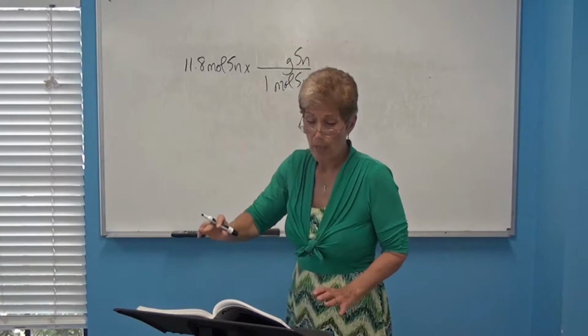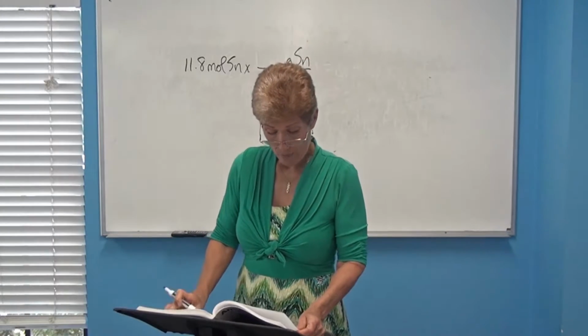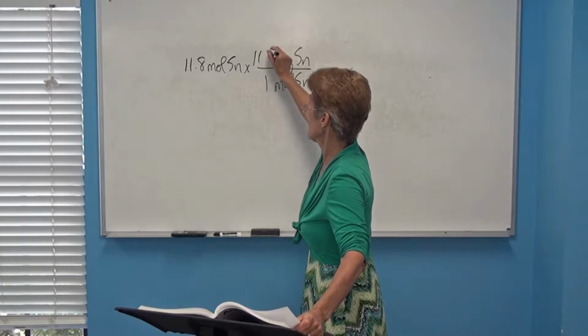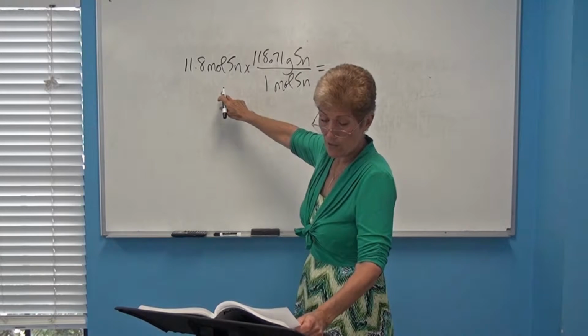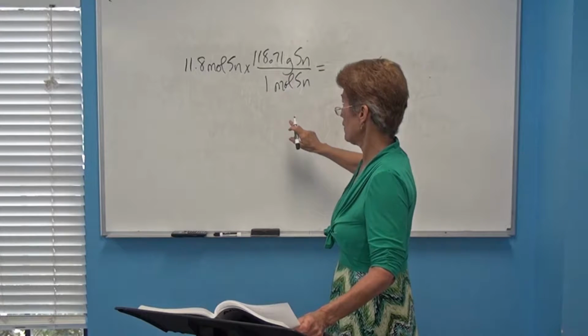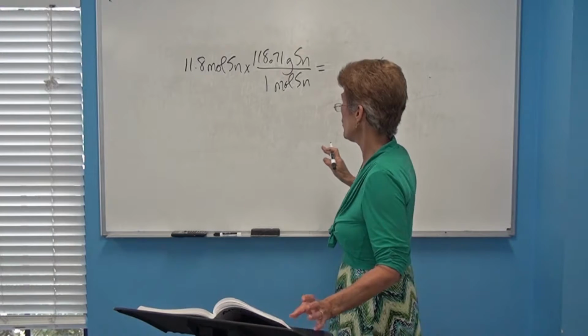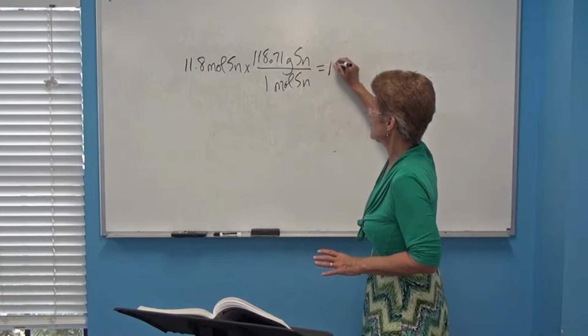We know in 1 mole, and we look on our periodic chart, and we see that tin is 118.71. We start with 3 significant figures, so our answer has to be in 3 significant figures. And it comes out to be 140. And we want to show 140 in 3 significant figures.